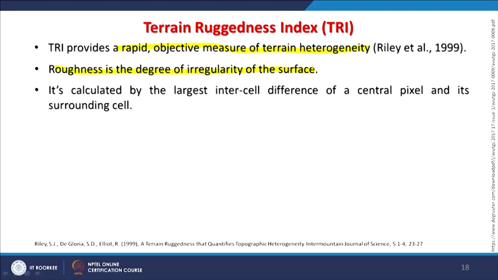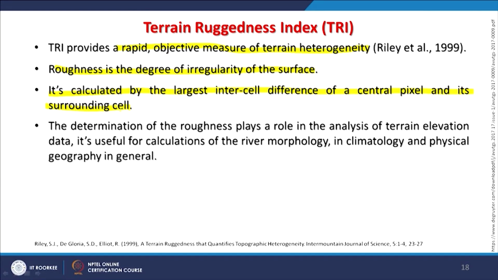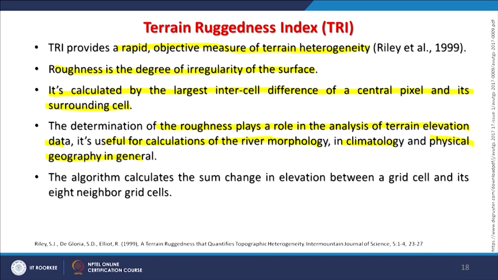This is calculated by the largest inter-cell difference of a center cell with the surrounding cells. And this determination of roughness plays a role in the analysis of terrain elevation data, useful for calculation of river morphology, in climatology, physical geography in general, and in many civil engineering projects as well.